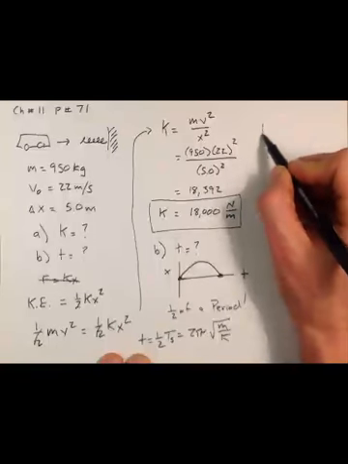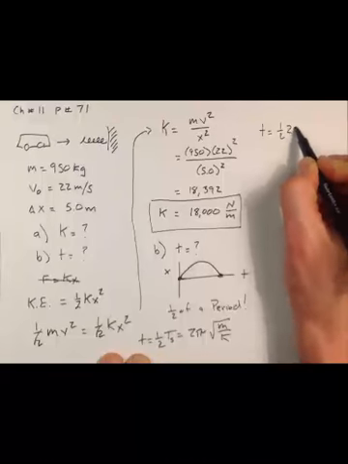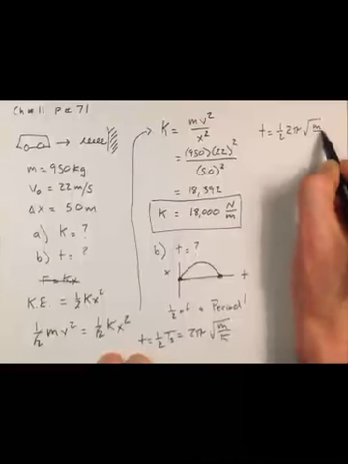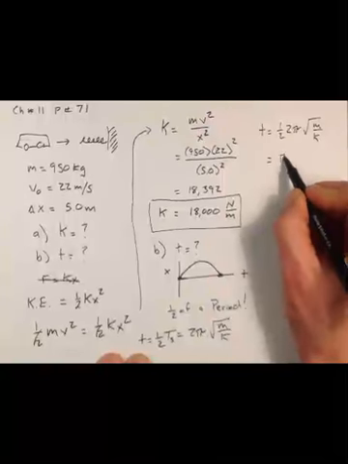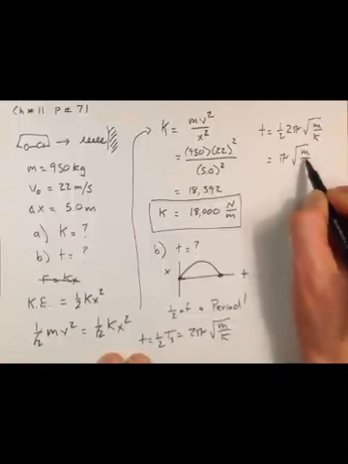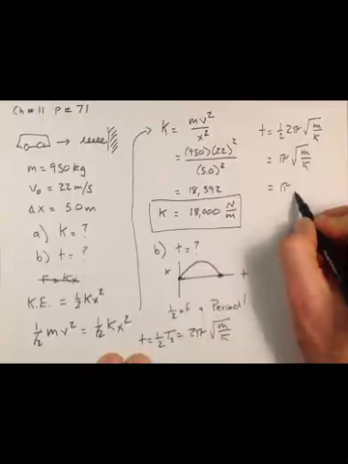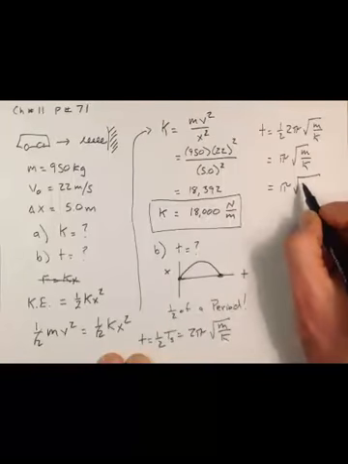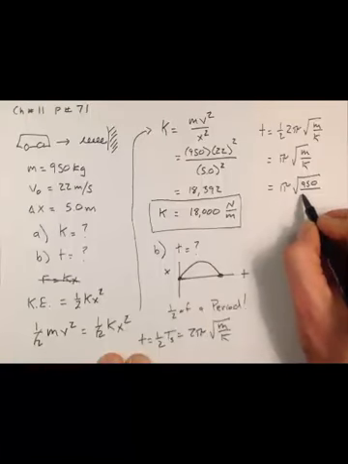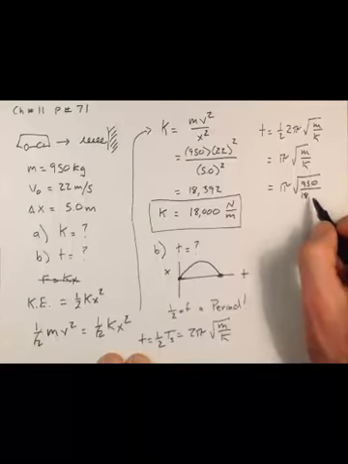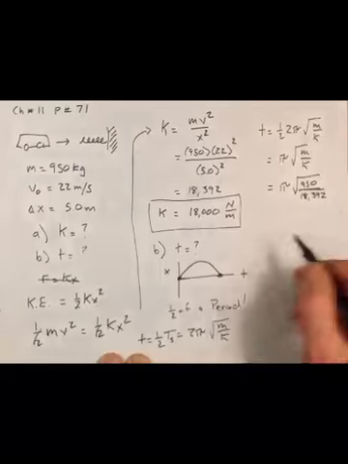We set t equal to 1/2 of a period, 2 pi square root of m over k, so the time of contact is just pi times the square root of m over k. That's pi times the square root of our mass, 950, divided by our stiffness constant, plugging in as many digits as we know.